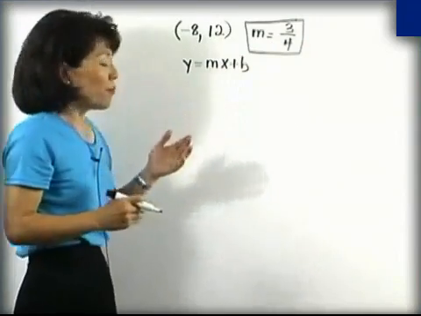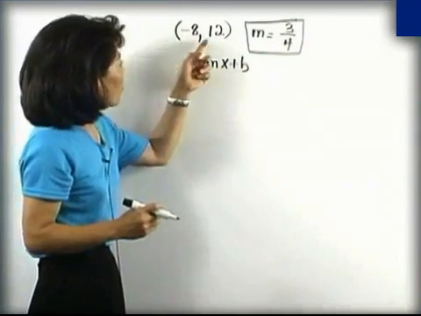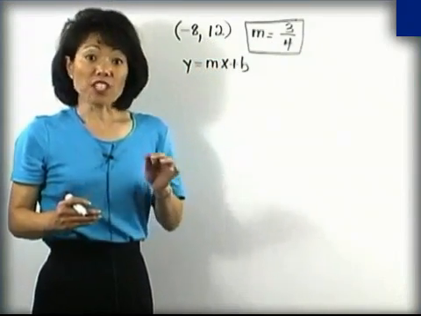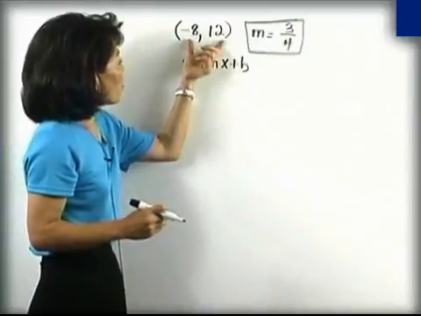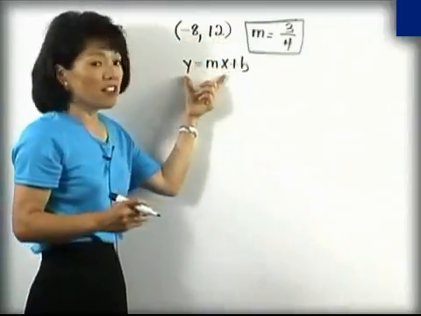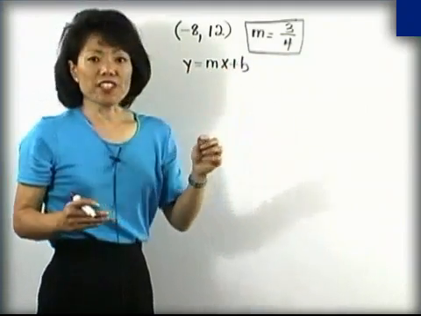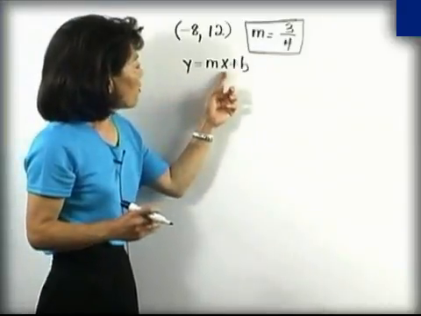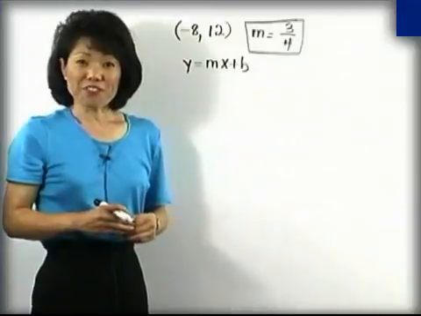Well, one way to do it, and we can do this algebraically, is since we know a value for x and y, the ordered pair (-8, 12), which lies on the line, we can take these 2 points, x and y, substitute them into this equation, take m equals 3/4, substitute it into the equation as well. That takes care of these 3 variables. What's left is b, and we can solve our equation for b.